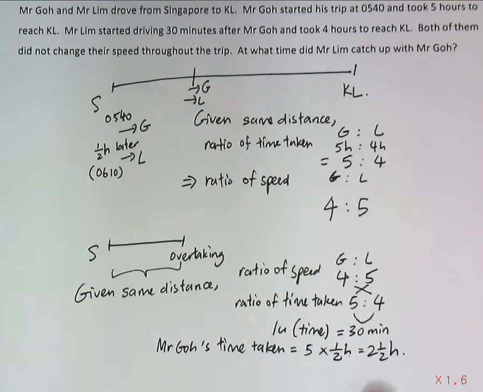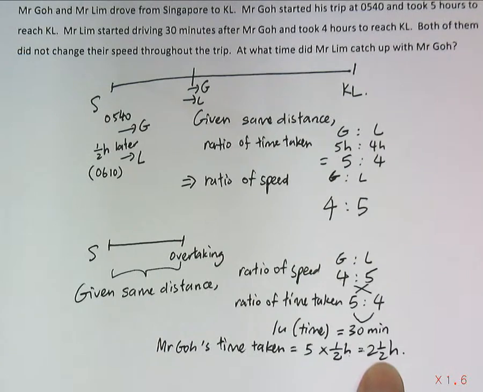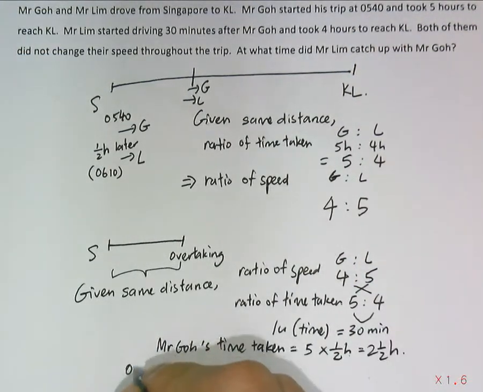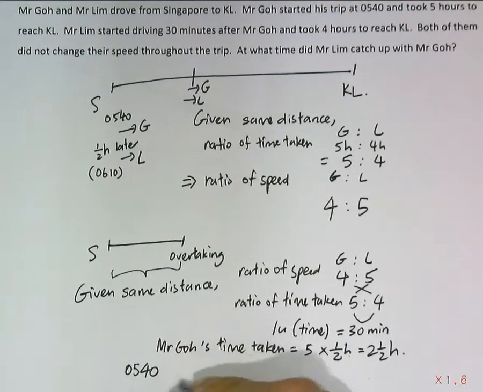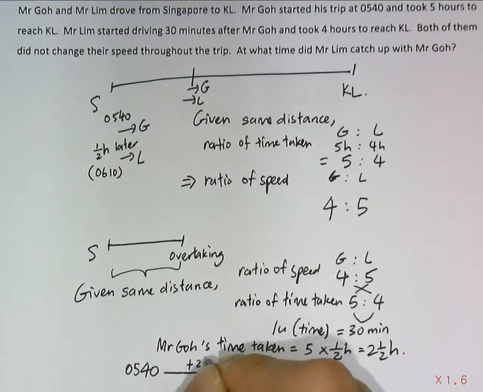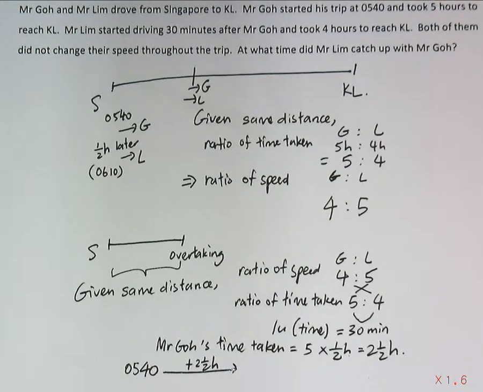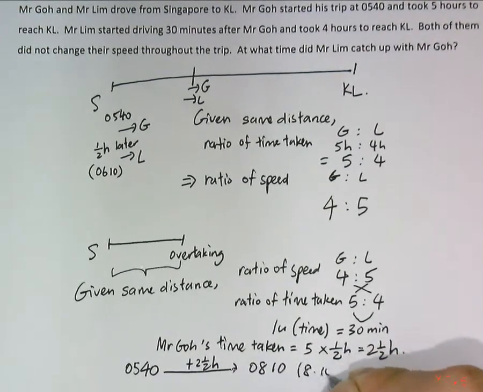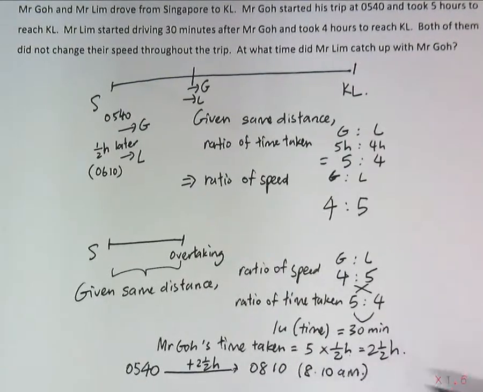So 2.5 hours from the time that Mr. Goh started his journey, 5:40. We can find the answer by simply adding 2.5 hours, which gives us 0810, or you can leave it in the answer as 8:10 a.m.